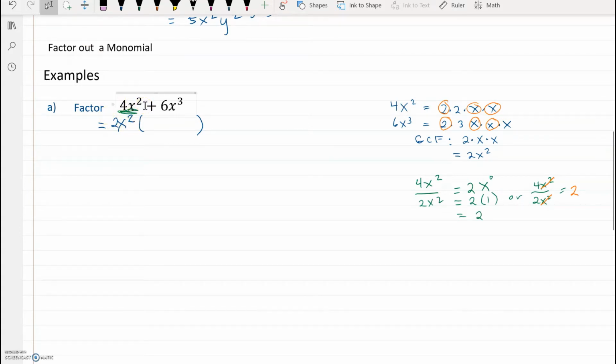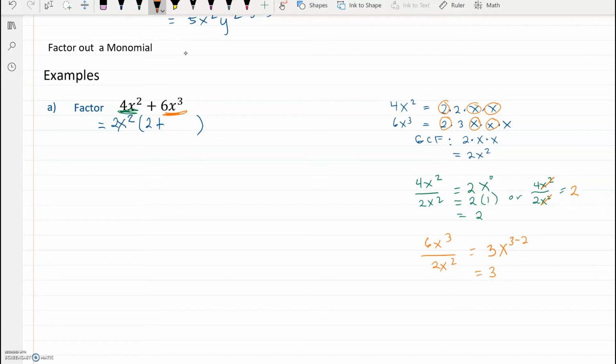We will be left with 2 on the inside, and then plus the same thing here. So I will divide that 6x cubed by 2x squared. So I divide 6 by 2, that will be 3. And then with the x, it's simply subtracting their powers, 3 minus 2.